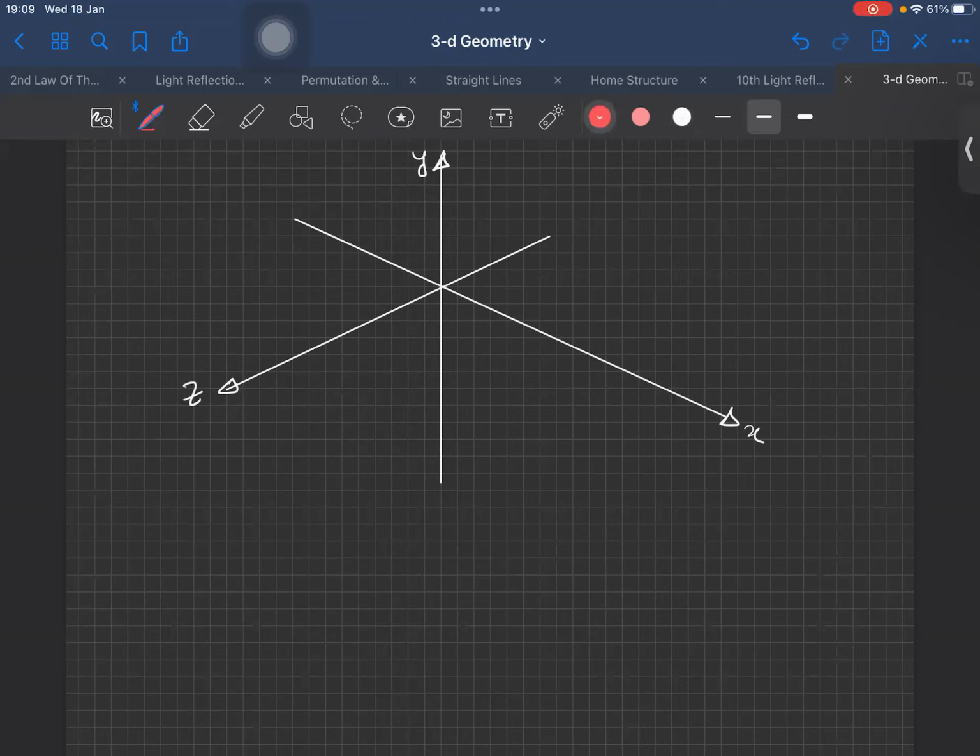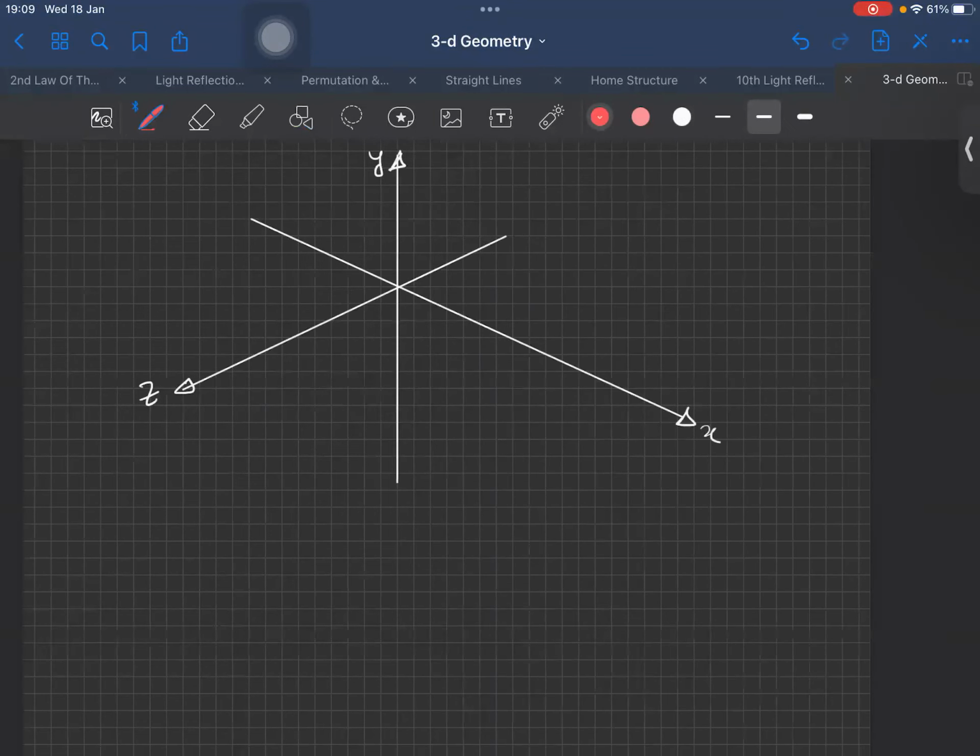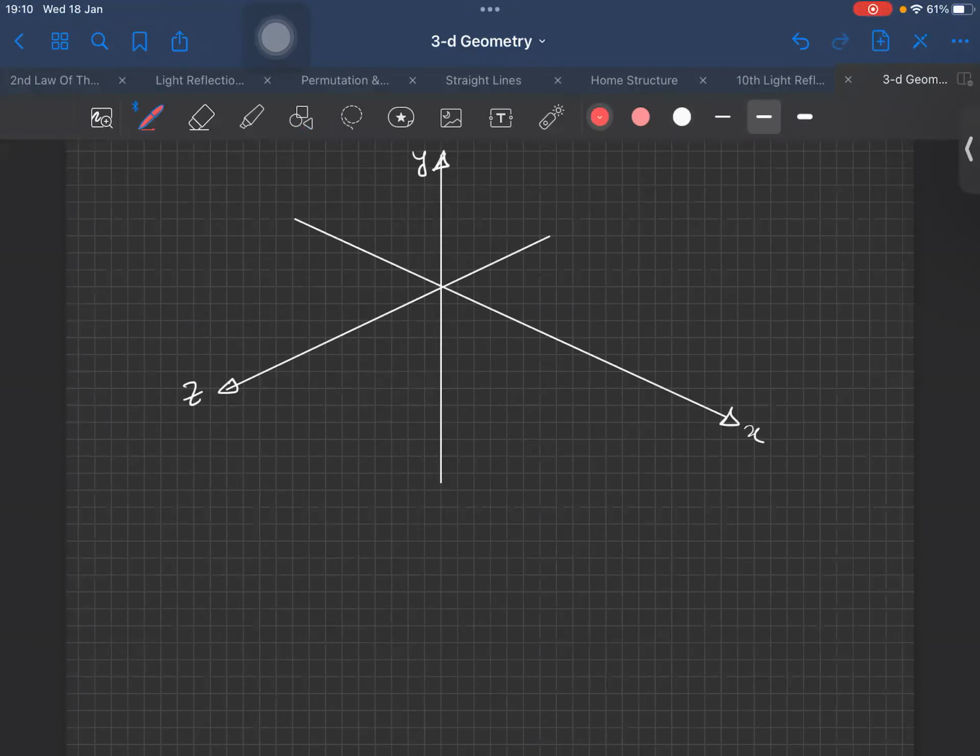Now just imagine there is a point somewhere. Let's say this point P, which is (x0, y0, z0). And again, there is a point Q here.